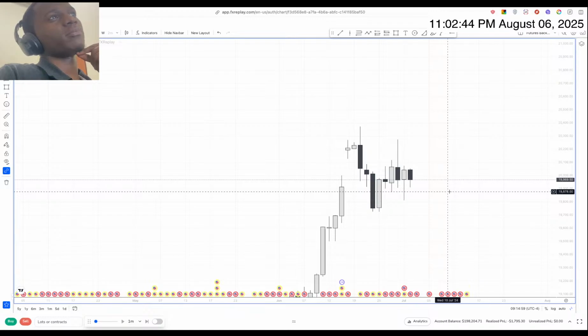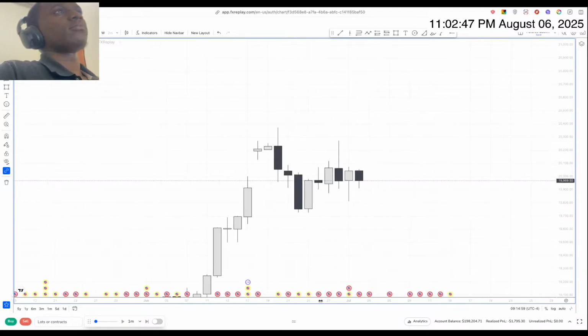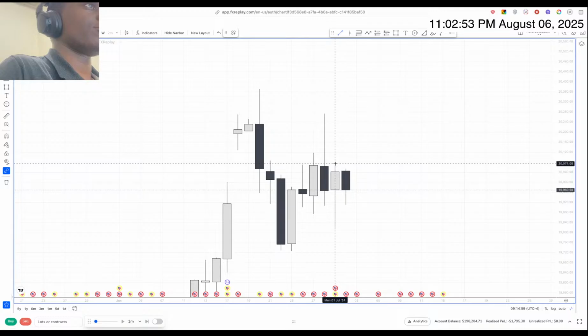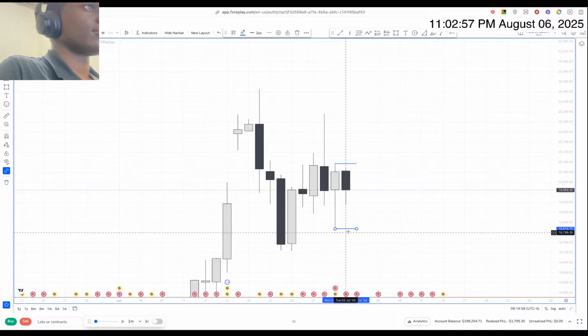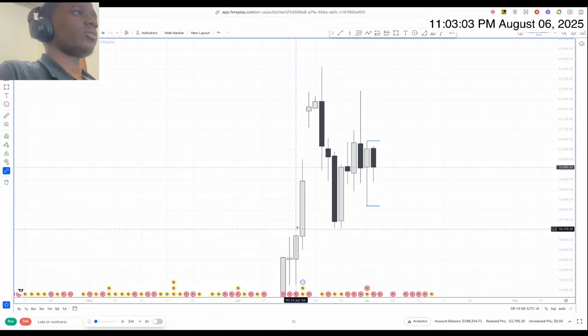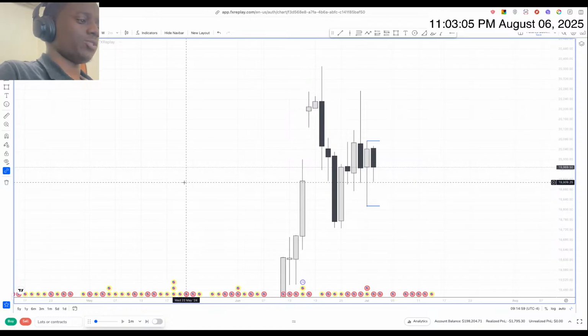I'm thinking so. This daily high will be an obvious draw. So I'm not expecting it to reach all the way here. I'm expecting this to be a bullish day, a reaction off of this bullish FVG.